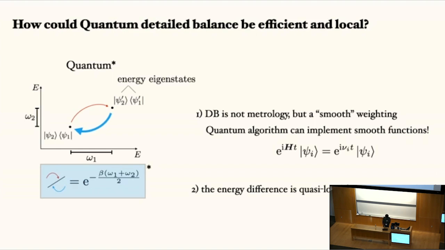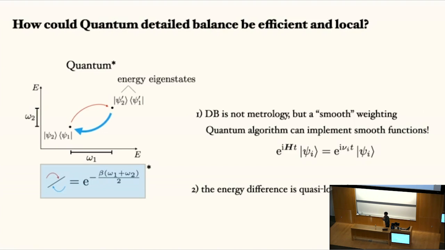So it is a generalization of classical detailed balance. But a problem in the quantum case is that you don't actually get to know the energy eigenstates. It's not that you can write them down in your notebook. They're so implicit, and in order to know their energy, you have to measure them. So these quantum eigenstates are highly inaccessible to quantum computers.